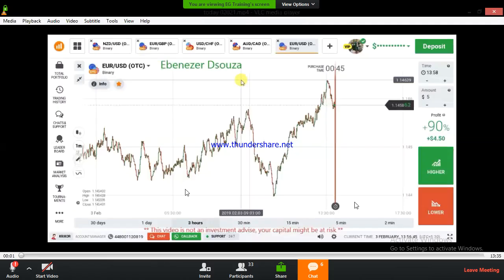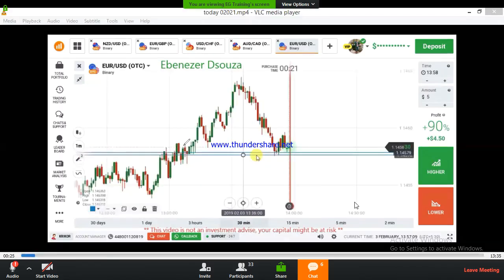So I will show you here. Okay, I placed some trades with confirmations here. I will show you. So there is a level here. We don't need to draw a strong level every time. We can identify the strong levels with the help of the price bar. I will show you.